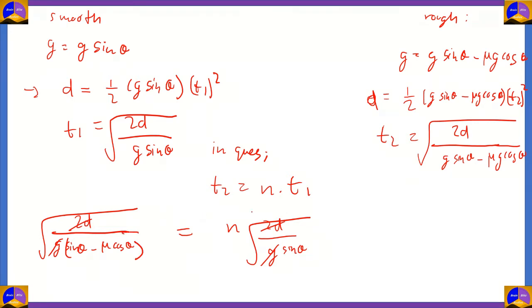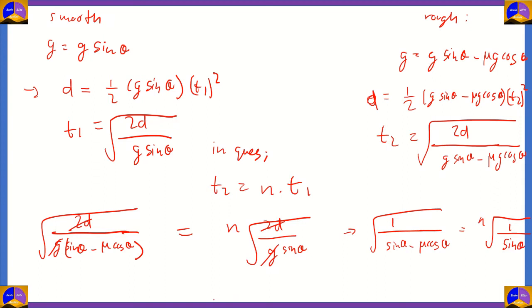So that means what you have is 1 by sine theta minus mu cos theta, the whole root, is equal to n times under root of 1 by sine theta.